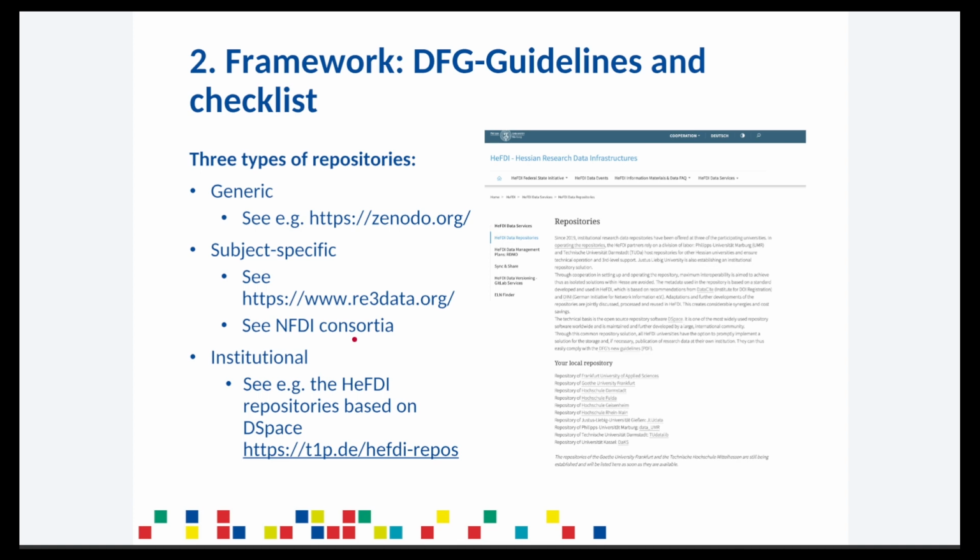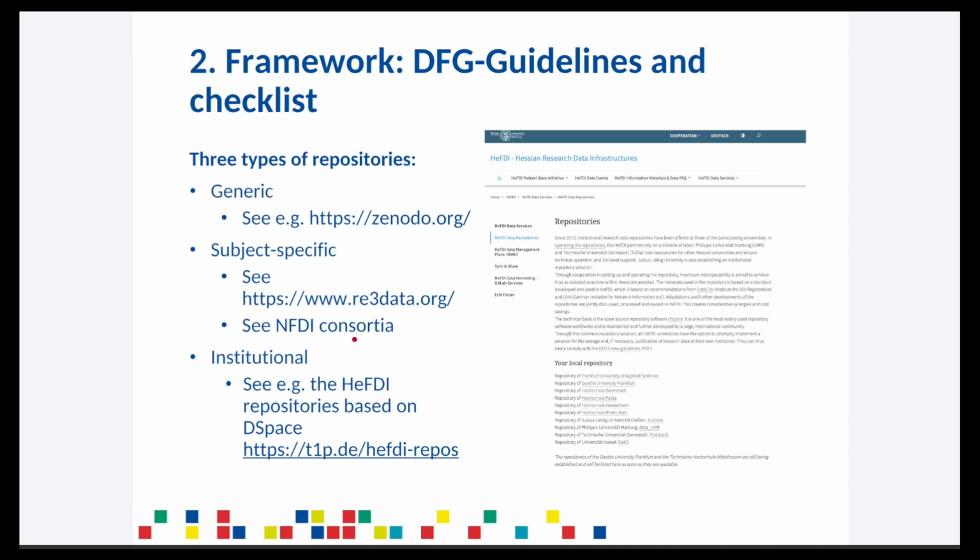So there are subject-specific repositories evolving, and so it's really good to regularly have a look at your NFDI consortium. And of course, we offer the institutional repositories. Our HeFDI repositories are based on DSpace at all sites in Hessen.